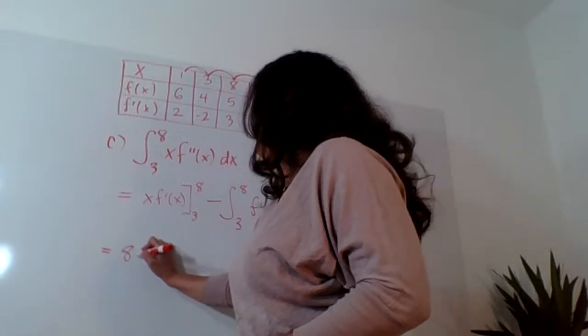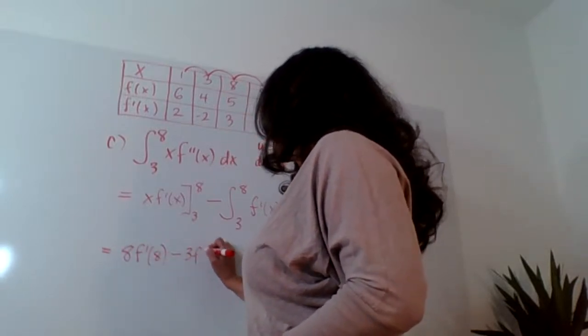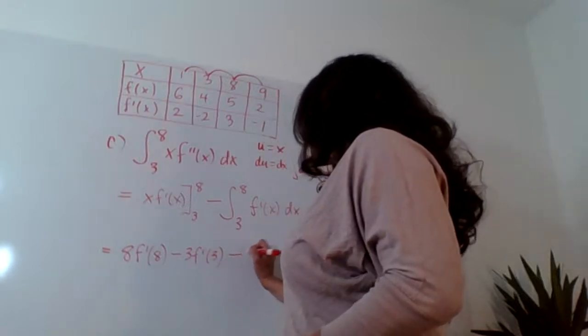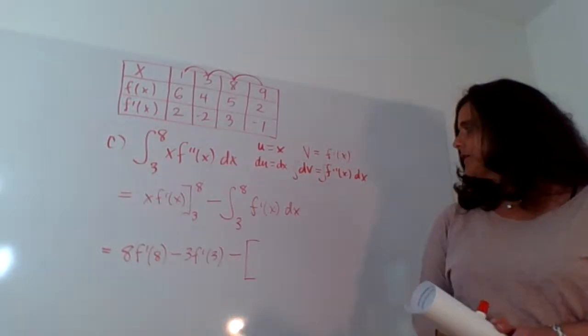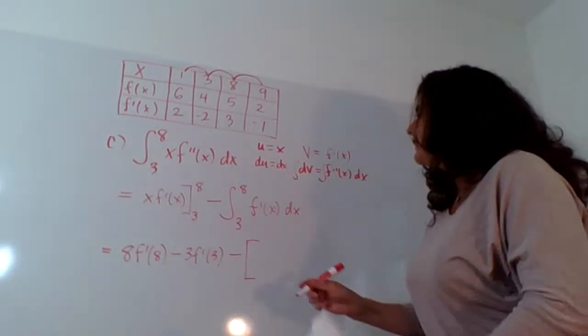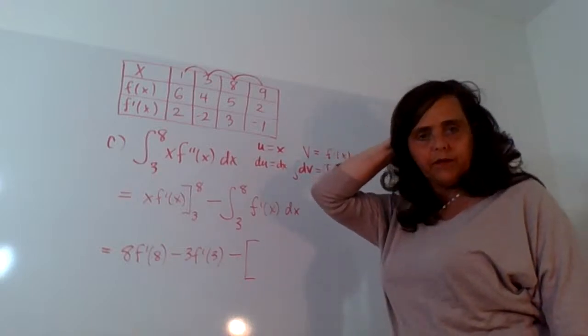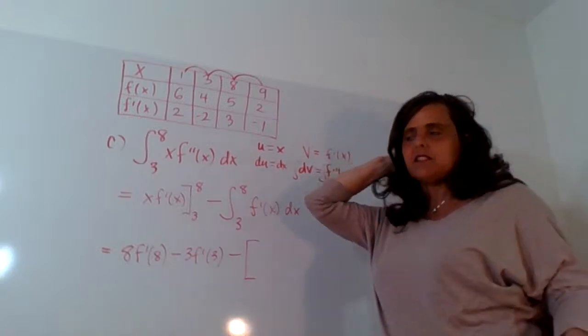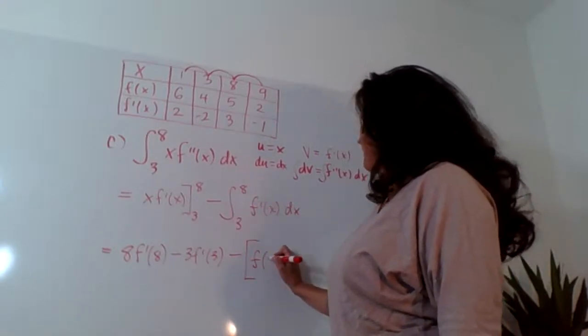So it's going to be 8f prime at 8 minus 3f prime at 3 minus hard brackets, so I remember to distribute the negative. The antiderivative of f prime, or we can say whose derivative is f prime, well, that's f's derivative. So it's going to be f at 8 minus f at 3.